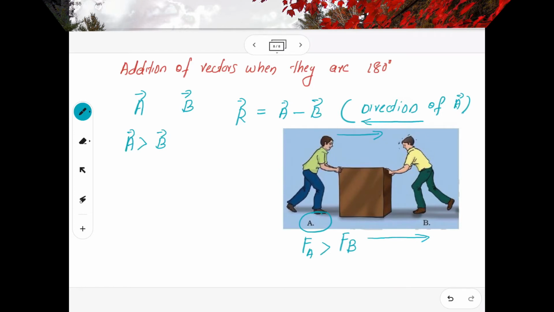Now what will be the effective force? The effective force will be the difference between FA and FB.